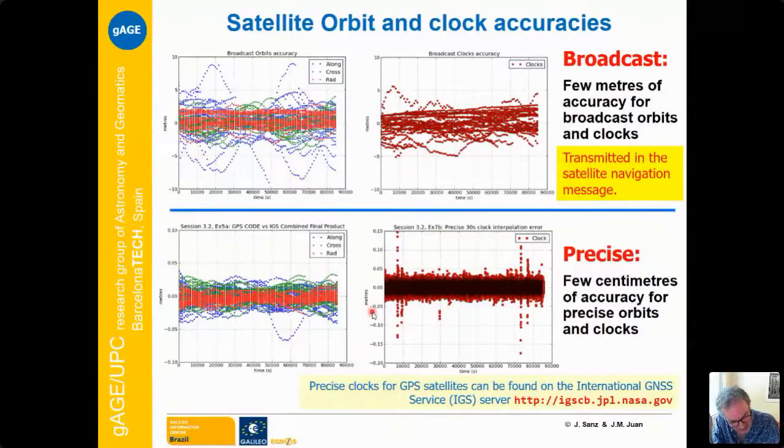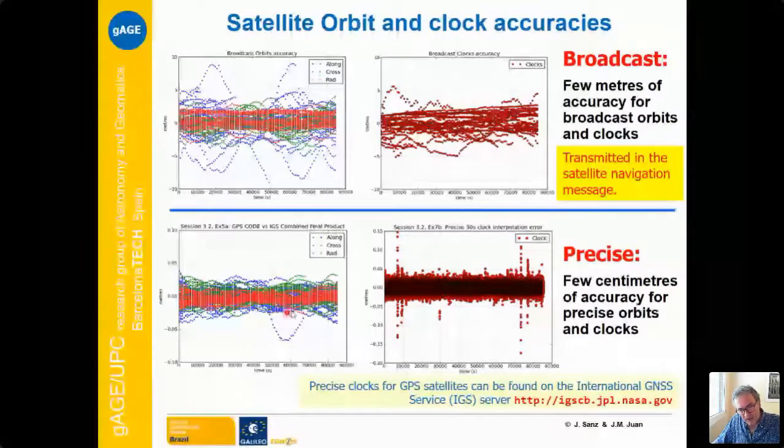The accuracy of these precise products, which we will use for high accuracy and not for standalone, not for the mass market, is about 2 orders of magnitude higher than the broadcast.